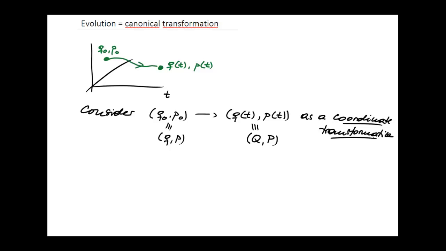We just learned from the consideration of simultaneous loops that the loop integral, that's the loop at time 0, p dq, is a constant of the motion, so it's the same as the loop integral at some later time t of the p dq, which we now denote by capital letters, P dQ.